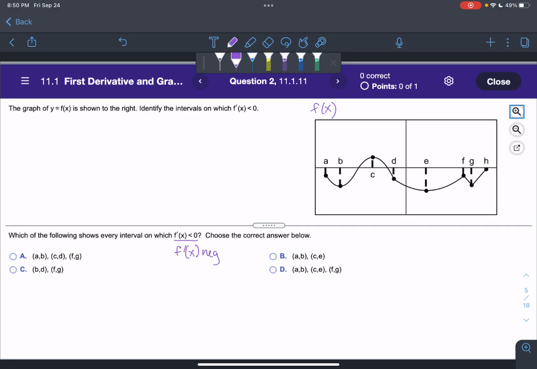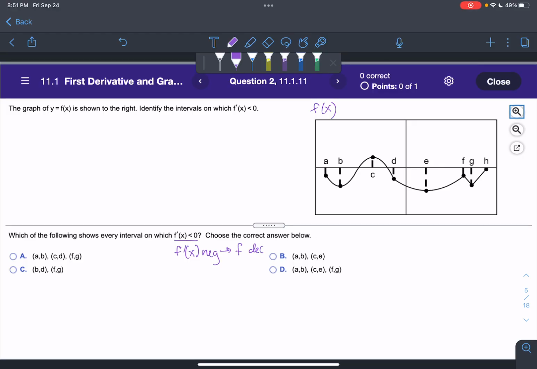Remember that derivatives tell us all about rates of change, and graphically, this is our slope. At each of these little points, we can draw tangent lines which describe the slope at those very localized areas. So when we have a negative derivative, that means that my f is decreasing.